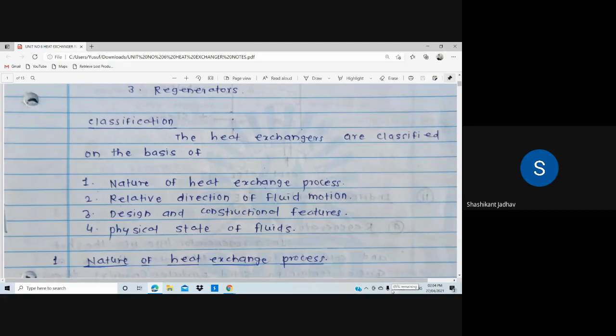Because of that wall in between, heat transfer takes place, that is nothing but an indirect contact heat exchanger. In that indirect type there are two types, regenerator and recuperator. Okay, so this is for the nature of heat exchange process.